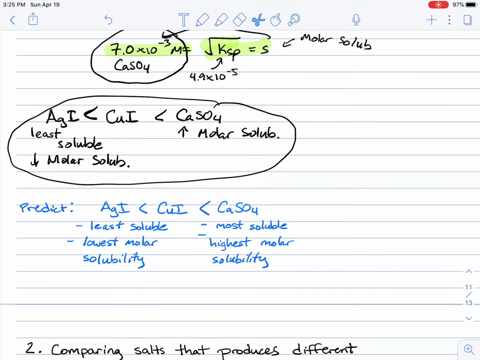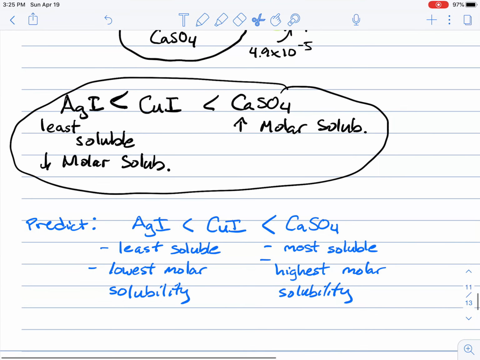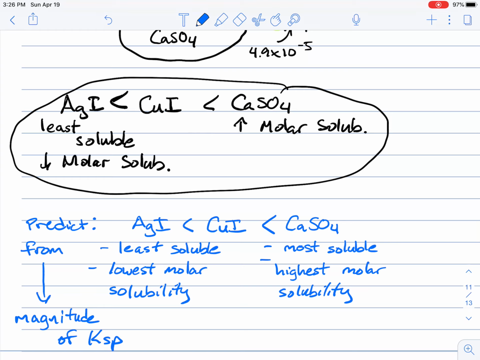So this is what I predicted from the magnitude of the KSP. And so if you look, it's the same answer.